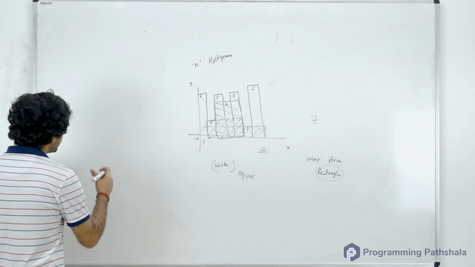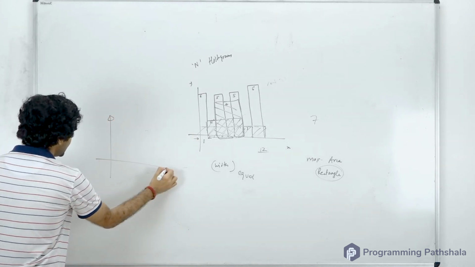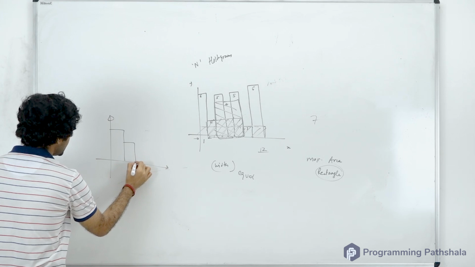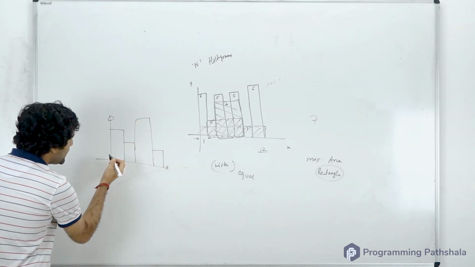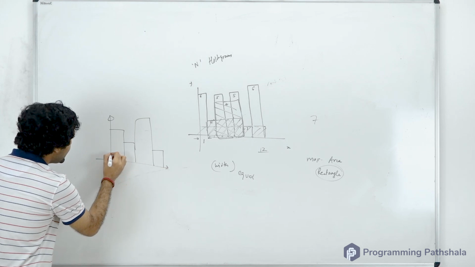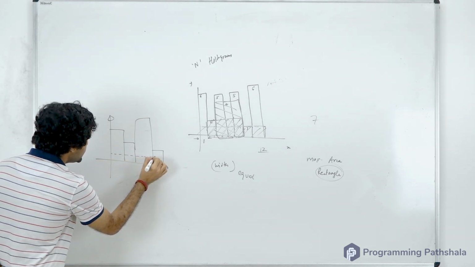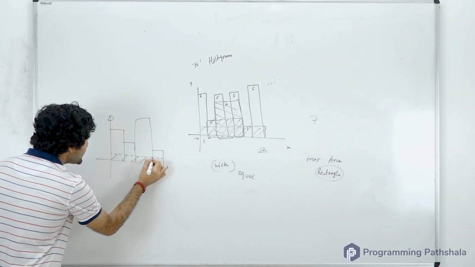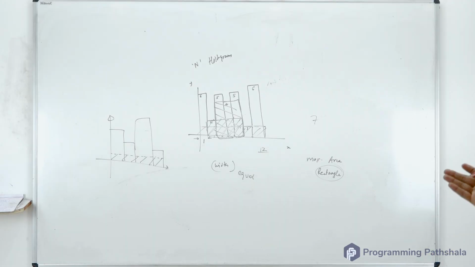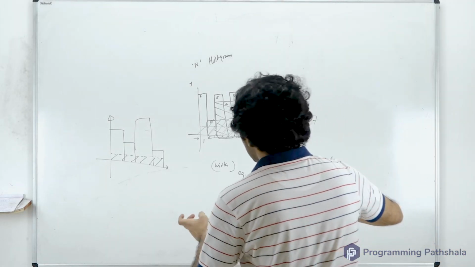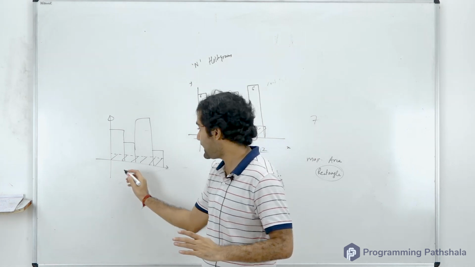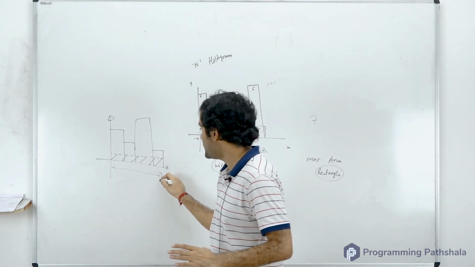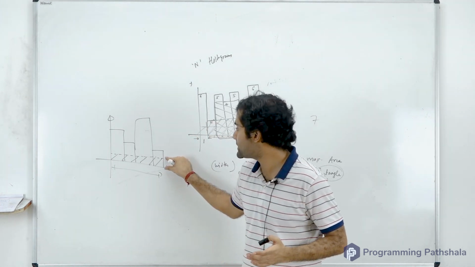Let's say you had something like this. Okay. Will you ever want to say that, hey, my maximum area rectangle is this? Will you ever want to consider some rectangle like this? This is nonsense, right? Why? Because if let's say you are a very rigid guy, you are saying that I want this much of width, then why are you stopping just for this much of height?